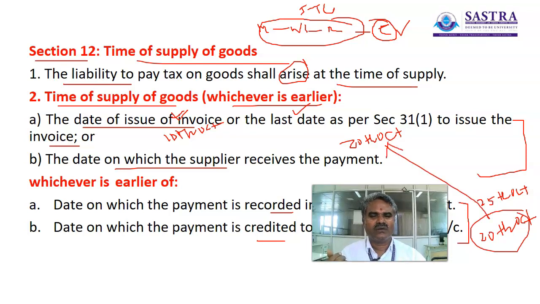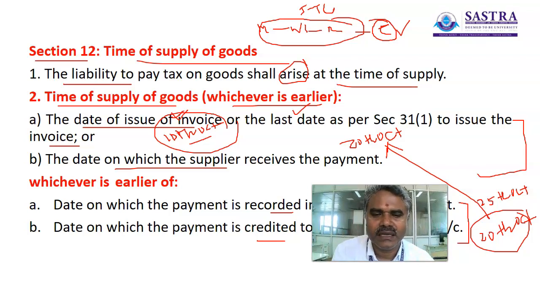So now you tell me what is the time of supply. The time of supply is the earlier of the following: 10th October or 20th October. The time of supply is 10th October. So on 10th October, whatever supplies you have in your hand are liable to pay tax. Very simple.